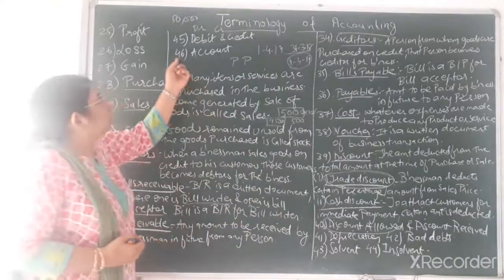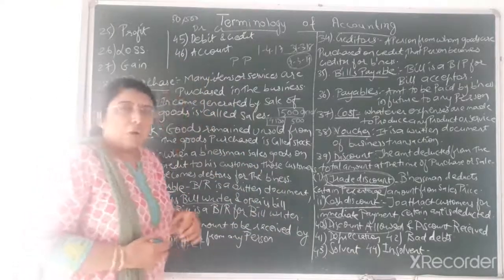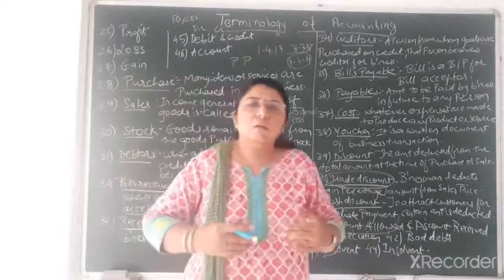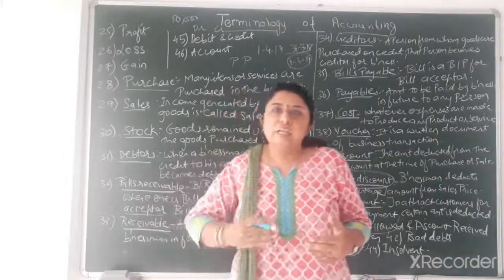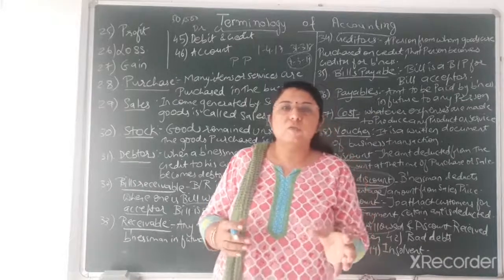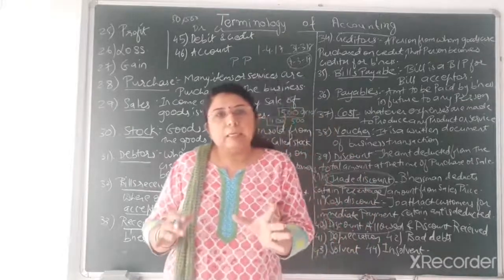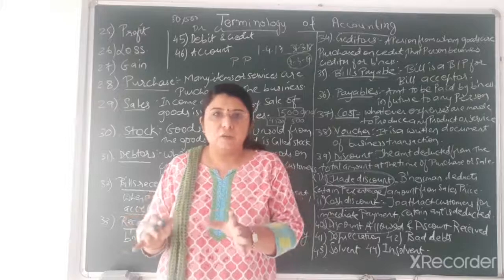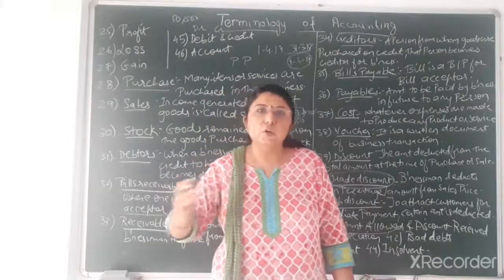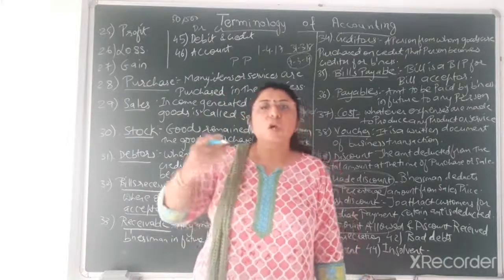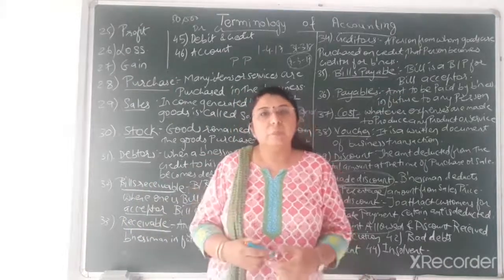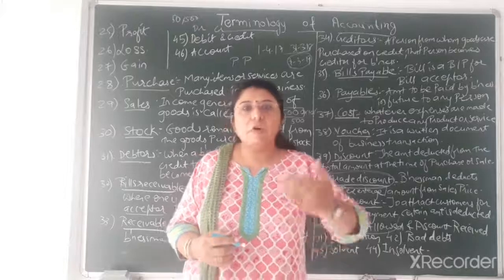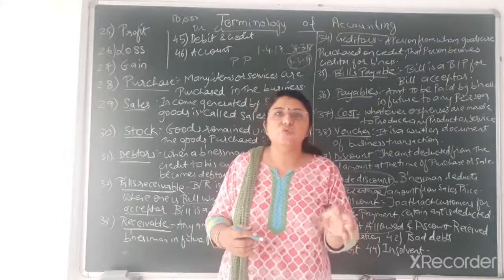Now the last terminology, that is account. Suppose many transactions of purchase or sale are taking place with a third party. Suppose the name of the third party is Amit, and during the year we have purchased or sold goods to that person 10 to 15 times. Then we cannot remember on which date how much amount of goods we sold or purchased.